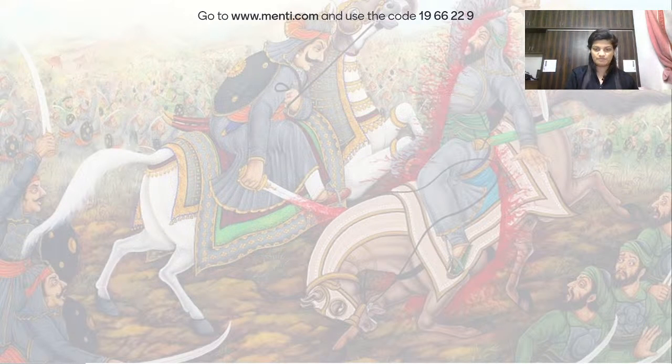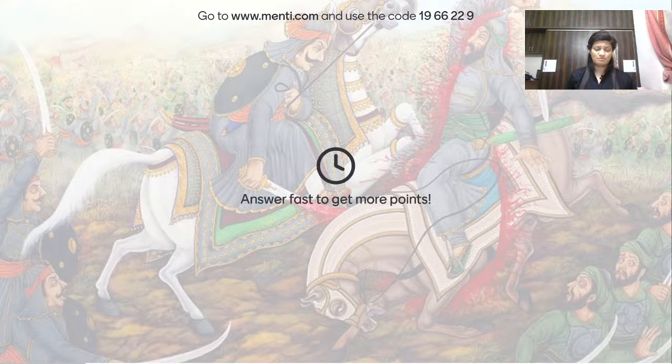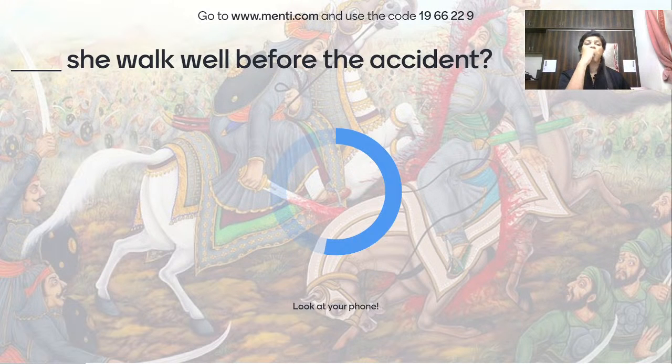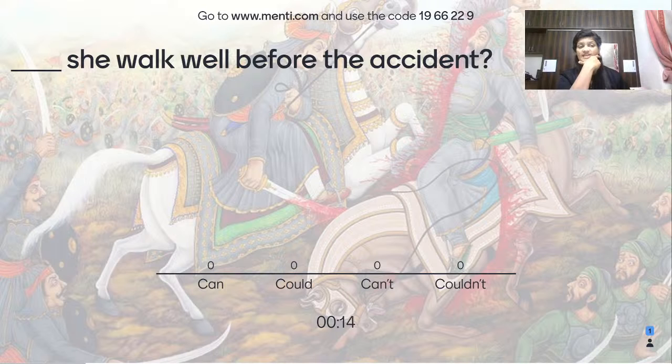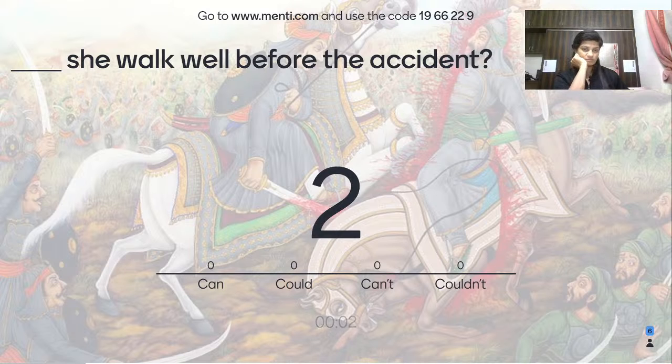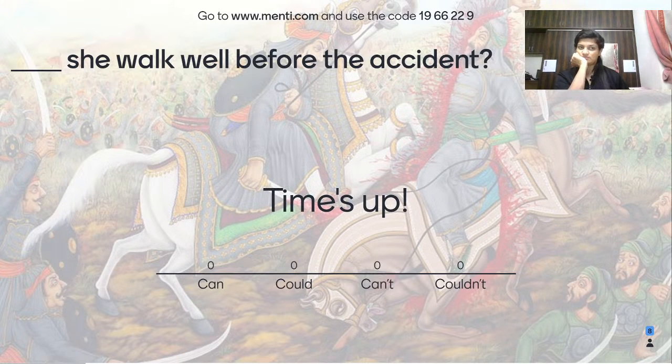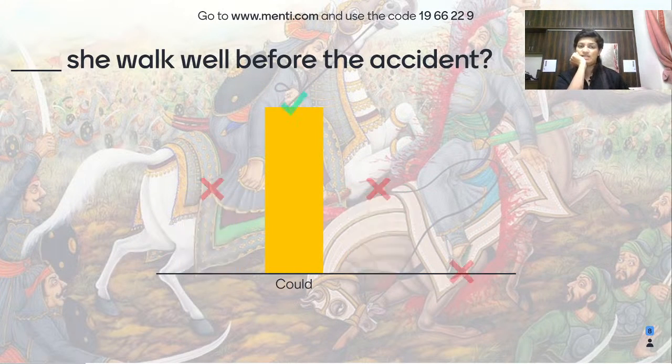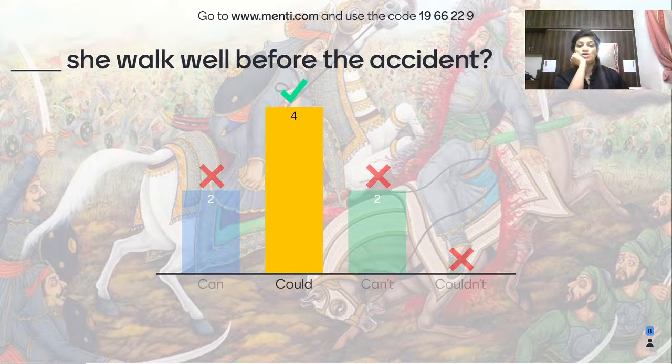Okay, next question. Question number 4. Dash she walk well before the accident? It's a question mark. Can she walk well before the accident?